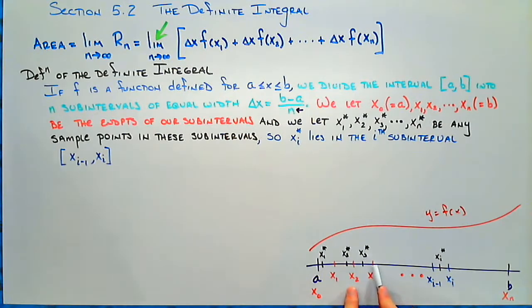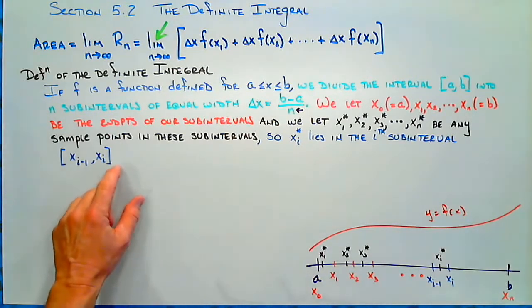So 3 matches 3. This is 3 minus 1, 2. 2 matches 2, right? I'm looking at the subscripts now. 2 matches 2. This subscript is 1 less than this one, 2 minus 1. 1 matches 1. This subscript is 1 less than this one, 1 minus 1, 0. So let's go back over here. i matches i. This subscript is 1 less than this one.